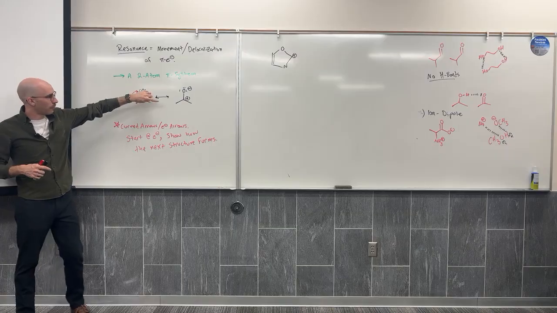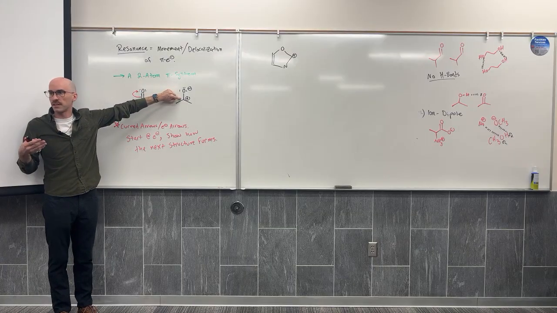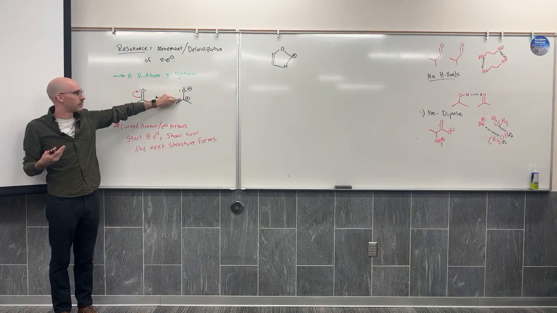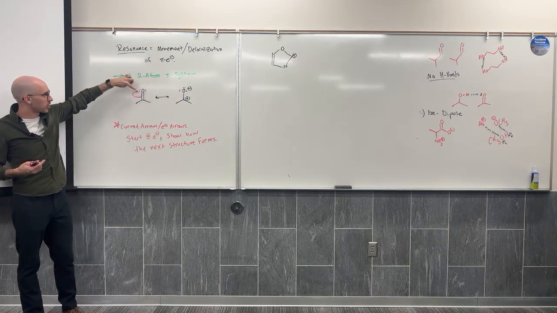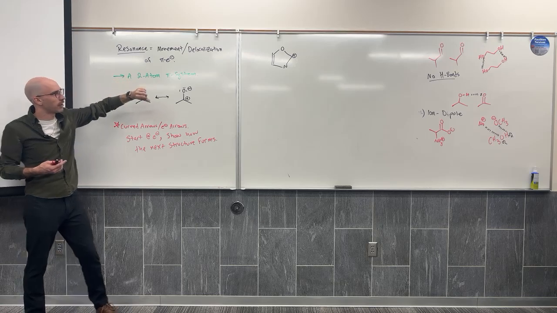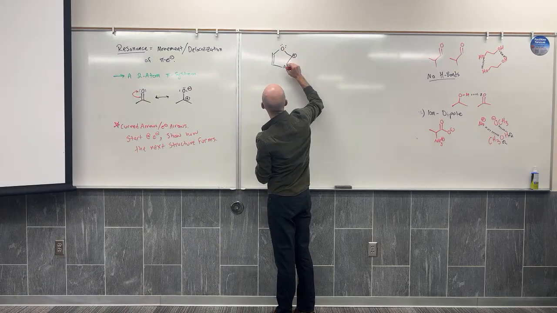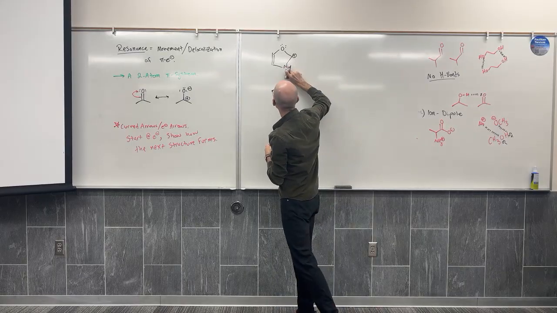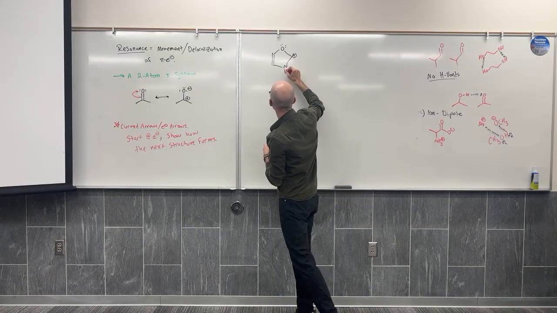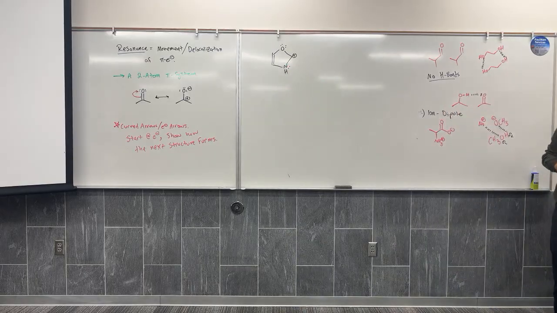Notice here how we had this vacancy on carbon. A positive charge means that there's space for electrons to go into. And we had lone pairs on oxygen, and we know that that could just recombine into a pi bond. So up here, we've got lone pairs on oxygen, and a lone pair on the nitrogen. I think I've forgotten my hydrogen, haven't I? And we can show this two-atom system.